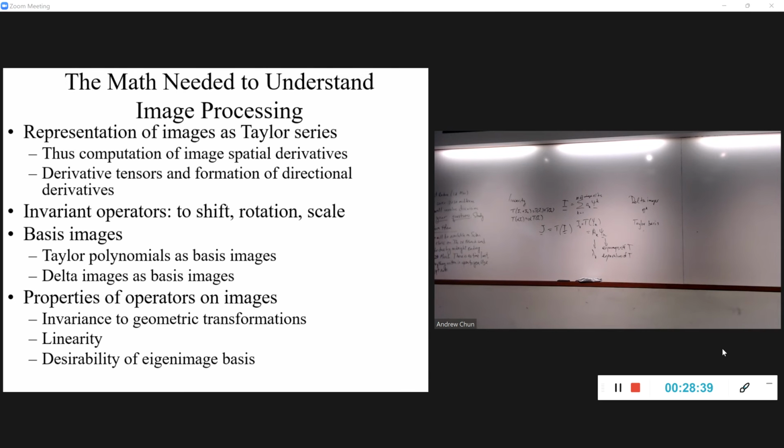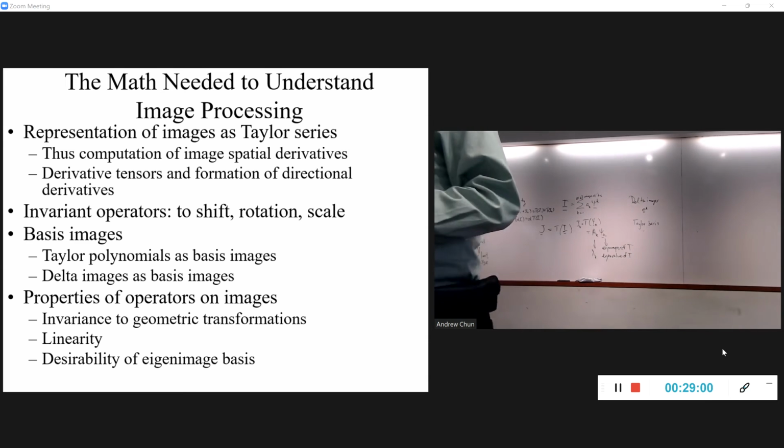We also saw that these operators could be expressed as a very high order matrix multiplication with a symmetric matrix. And because of the symmetry, the eigenimages were orthogonal.